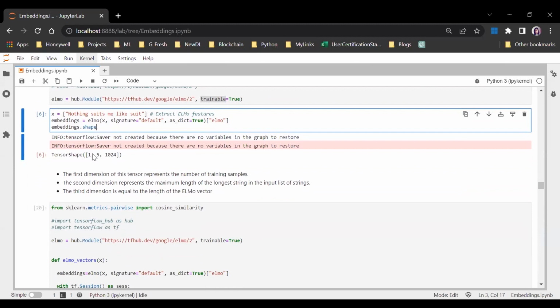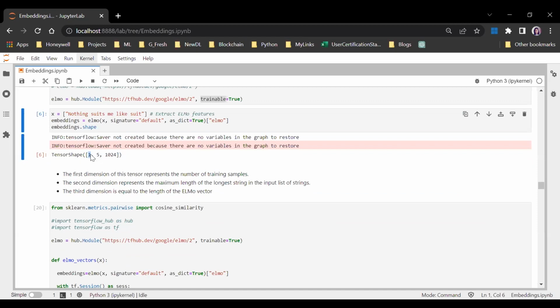Now, the first dimension represents the number of training samples that we have. In this example, I have only one sentence, so the first number is just 1. The second dimension represents the maximum length of the sentence. And here, since I have only one sentence, it returned me 5.